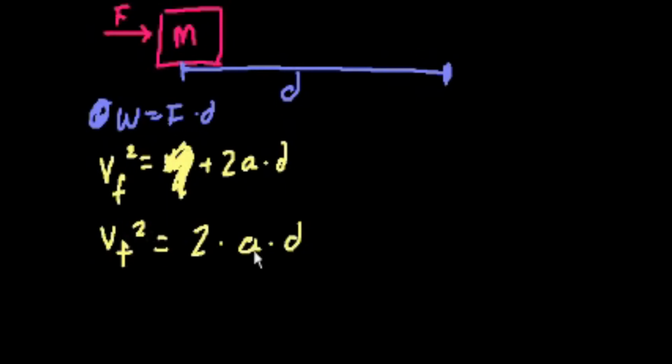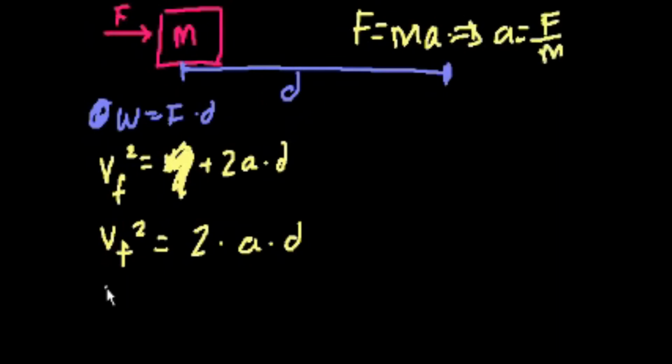And then we could rewrite the acceleration in terms of what? The force and the mass, right? So what is the acceleration? Well, F equals ma, or acceleration is equal to force divided by mass. So we get vf squared is equal to 2 times the force divided by the mass times the distance.